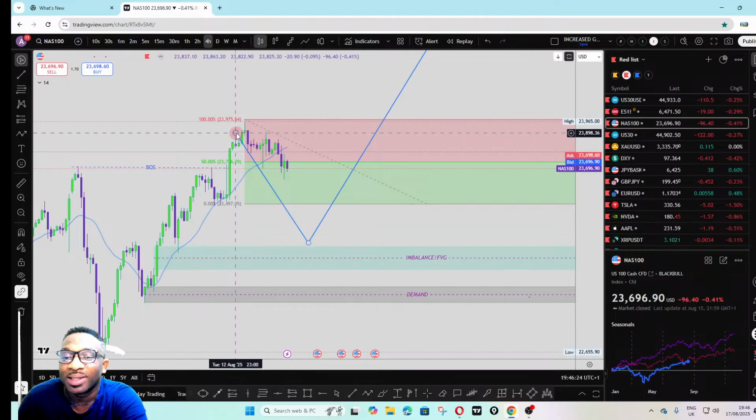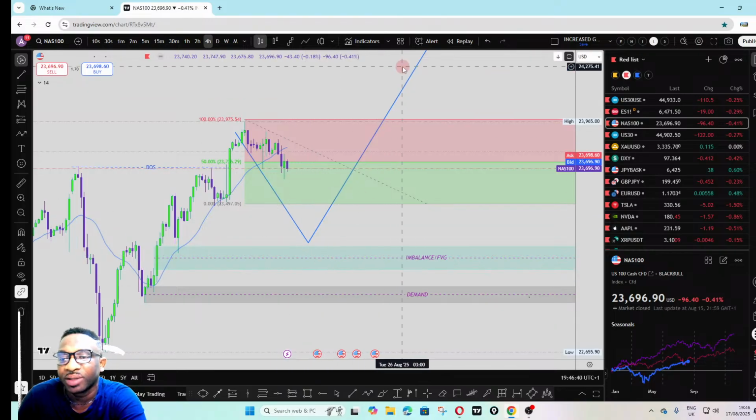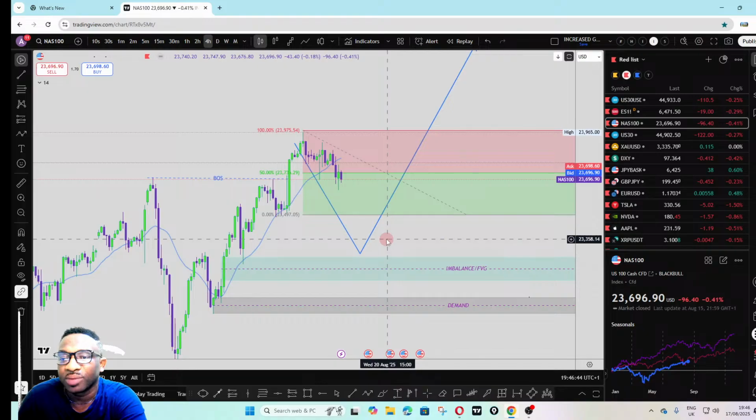So if price is telling us that it still wants to go down, we just follow suit. Or, as I said, if you want to play it much safer, you just wait. If price gives this much discount to this zone, you take it from here to the upside.